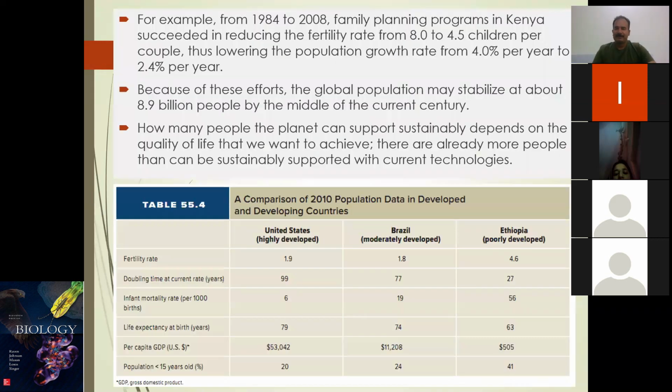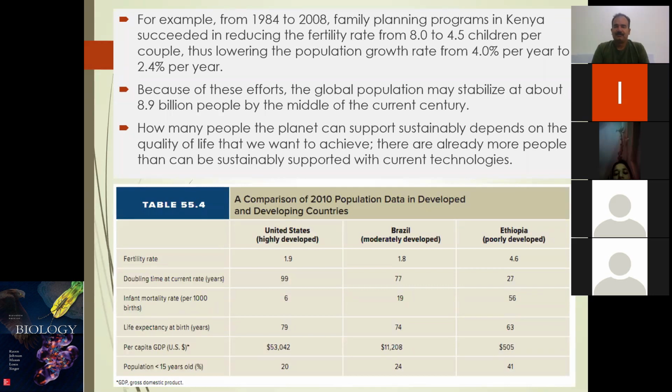For example, we have family planning programs in developing countries like Kenya and Pakistan. In Kenya, that program was quite successful, and family planners and managers succeeded in reducing it from 8 to 4.5 children per couple.